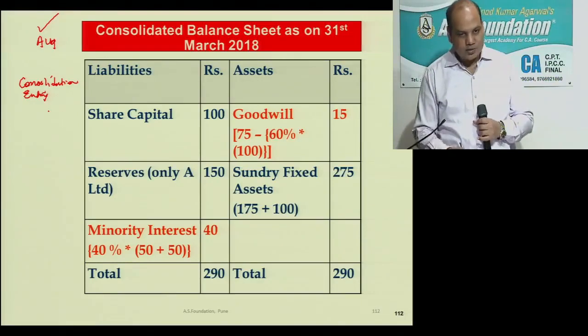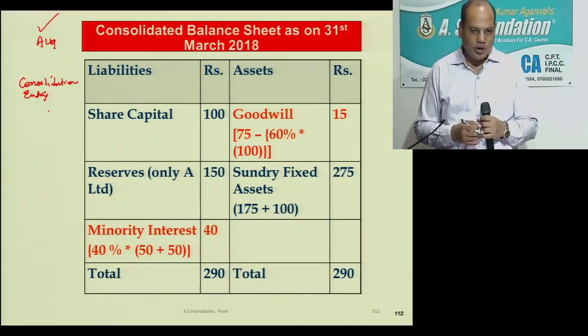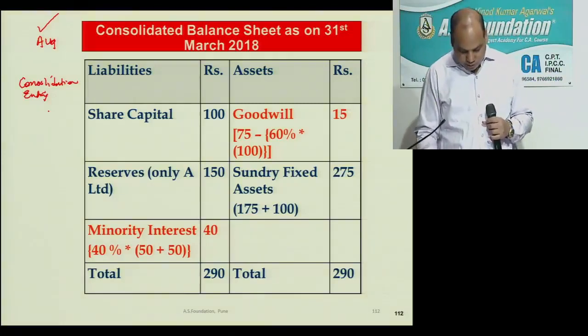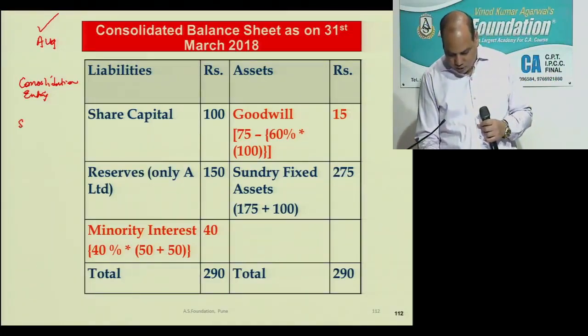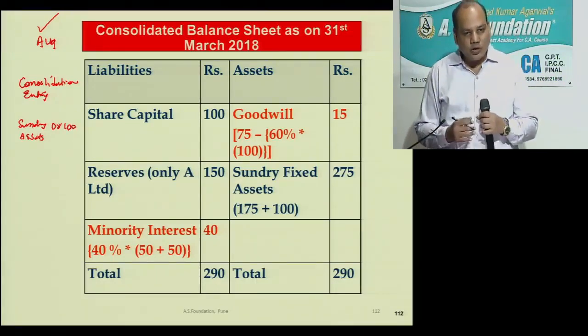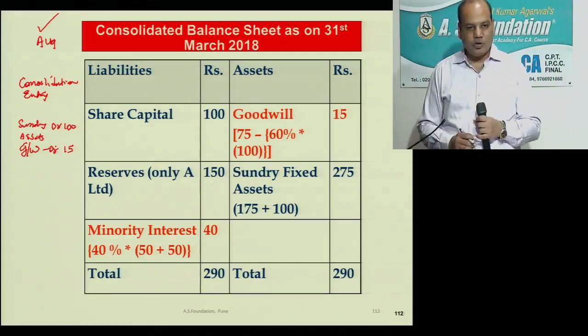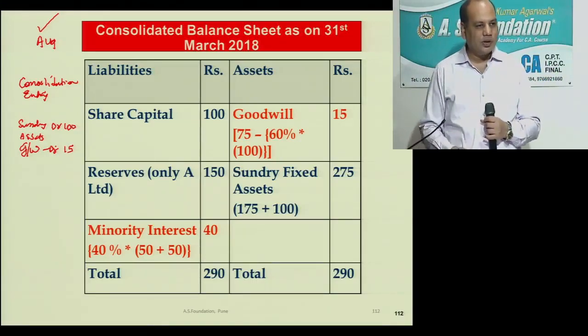I took over the assets of B. How much was the asset of B? 100. So which means I must have passed this entry, sundry asset account debit 100. Is it right? Then I incorporated goodwill in my books of account. So I will debit goodwill account 15. This problem was simple, so I did it here only. Otherwise we'll make a separate working note.